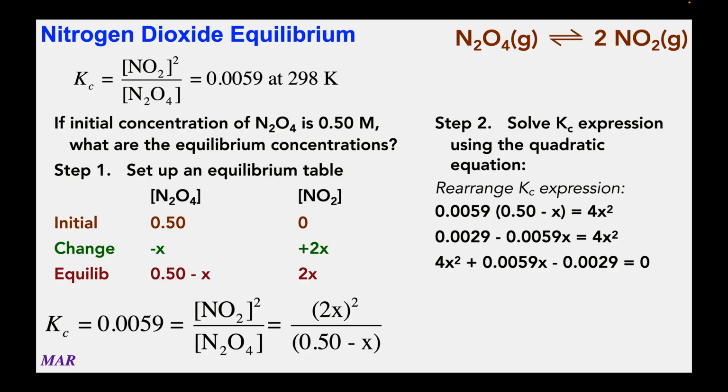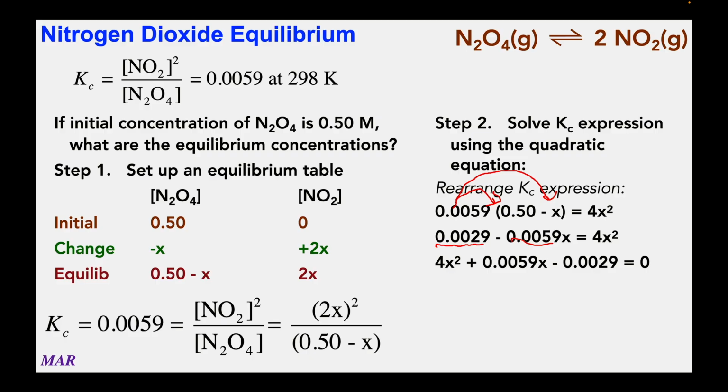Now, 0.0059 will multiply by both 0.50 and minus x. So when you look at this long enough, the 0.0059 is going to be multiplied by 0.5, and that's where this number comes in, 0.0029. But it's also going to be multiplied by minus x. So you can see right there, you've got a minus 0.0059x.